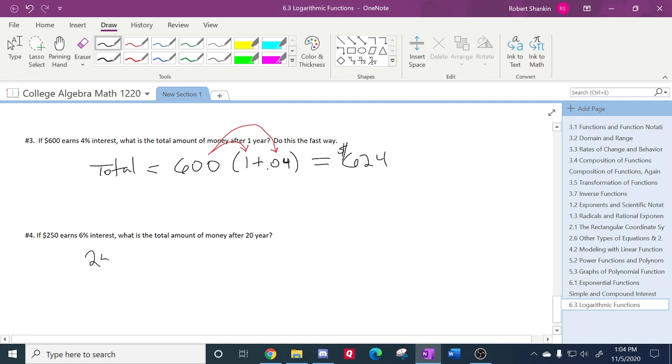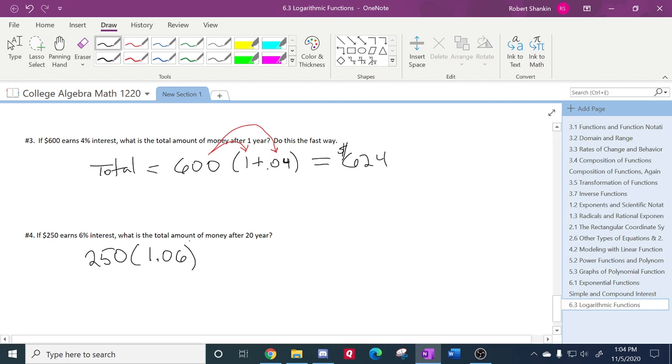All right, 250 times 1.06. Now that would give me the total after 1 year. And then I multiply it by another 1.06 to get the total after 2 years. Multiplied by another 1.06. Each time it would return the principal from the previous year and add 6% interest.